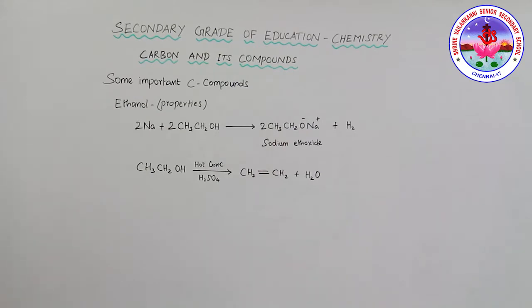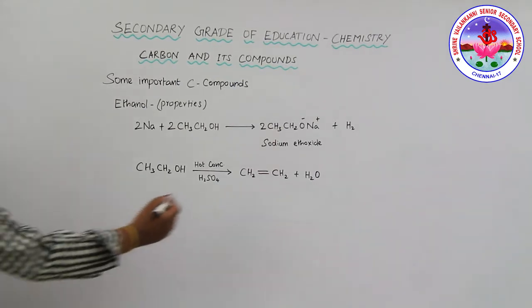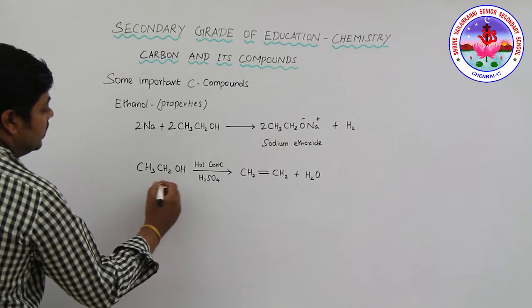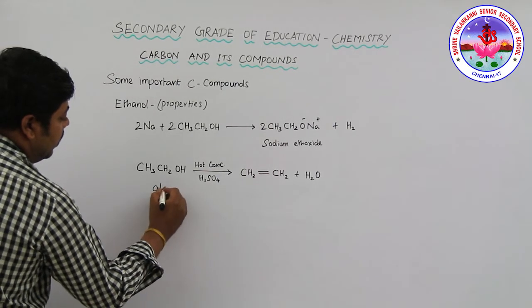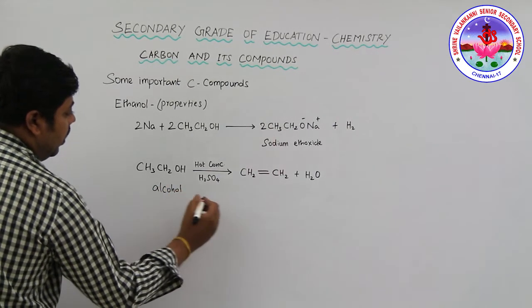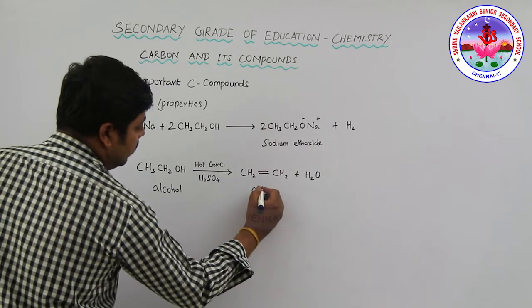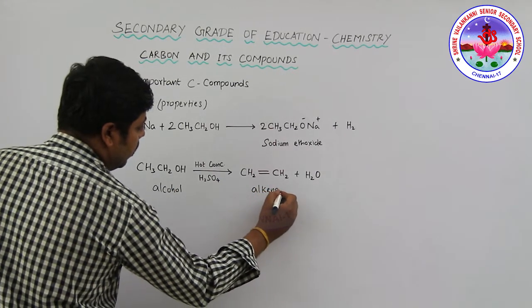The next reaction is ethanol treated with hot concentrated sulfuric acid to produce ethene.